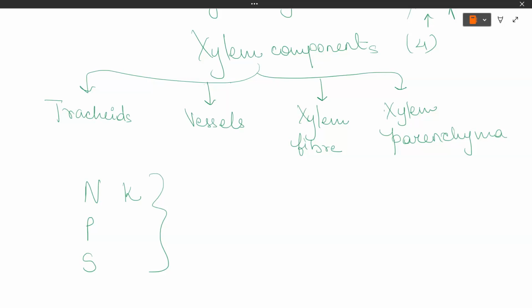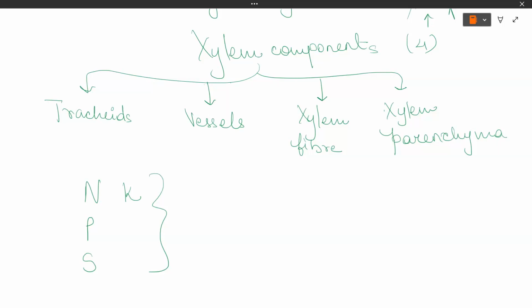Correct. Now, diffusion is basically the transportation of a substance, whether it is water or gases. The process of diffusion takes place from the region of higher concentration to the region of lower concentration.